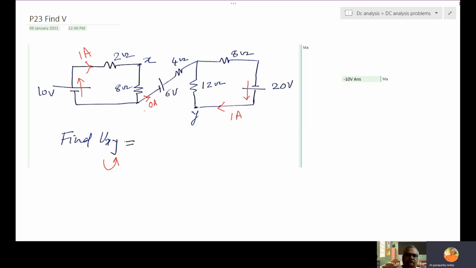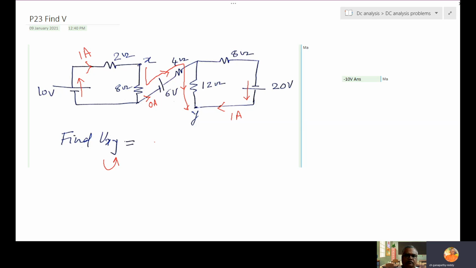Now, to find Vxy, start at X, go to Y. This is our path, this is our direction. I said current is not flowing, but we can go. So that's the point. Some places current will not flow, but we can go. Some places current flows, but we can't go. That is the confusing part.